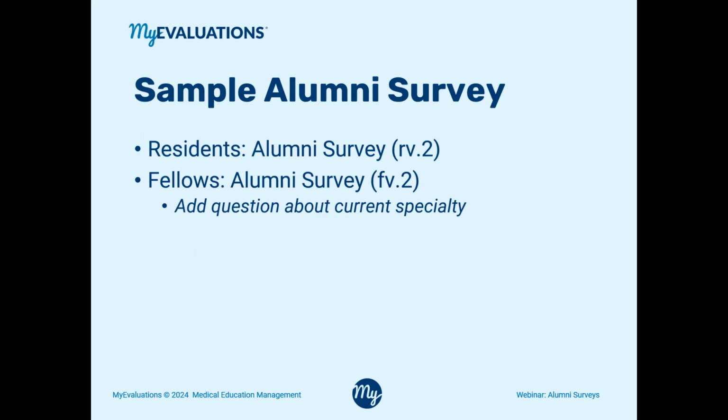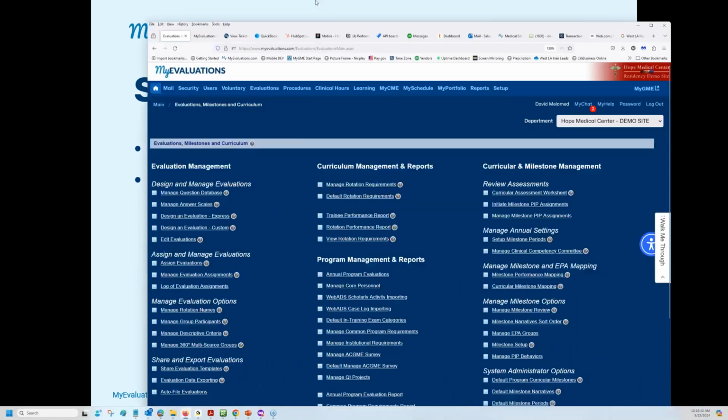We've gone ahead and put both a resident and a fellow version of the alumni survey in your accounts. These are available under the menu option, Evaluations, Edit Evaluations. You will all have an older version that's referred to as version 1. So this is version 2.